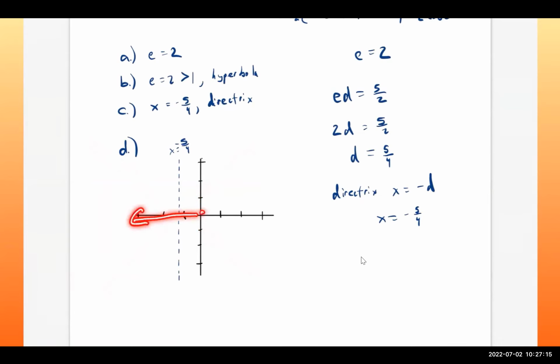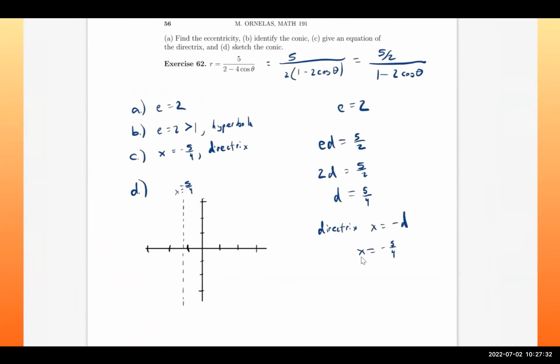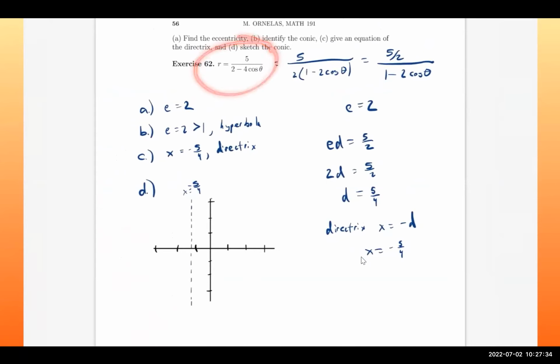All right, so we need to find the vertices in order to graph this more accurately. So we got to plug in pi and also 0. All right, so let's plug in pi and 0 because the two vertices are going to be on the x-axis. And so 0 is in this direction and pi is in that direction. So that's how we know which angle to plug in. So let's start with angle 0.